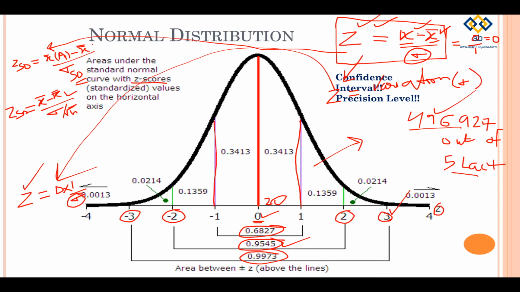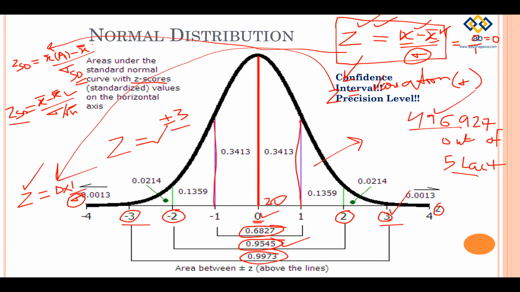Now, since Z is how many standard deviations away we are from the actual mean, look at the value when Z is equal to plus minus 3. Why? Because on the left-hand side it will be minus 3, on the right-hand side it will be plus 3.